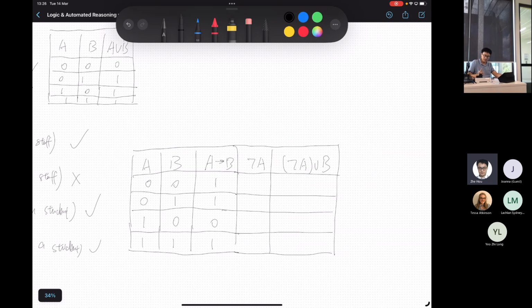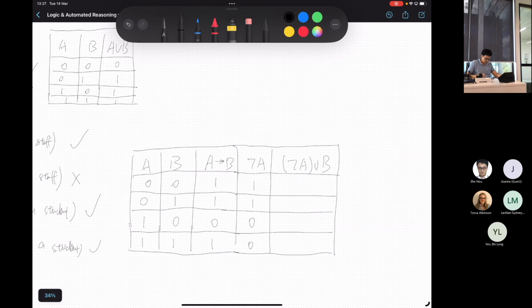Obviously it's computed based on the value of A. If A is 0, then not A is 1. The second row, A is still 0, and not A is still 1. It negates A. If A is 1, then not A is 0. The last row is the same: A is 1, so not A is 0.